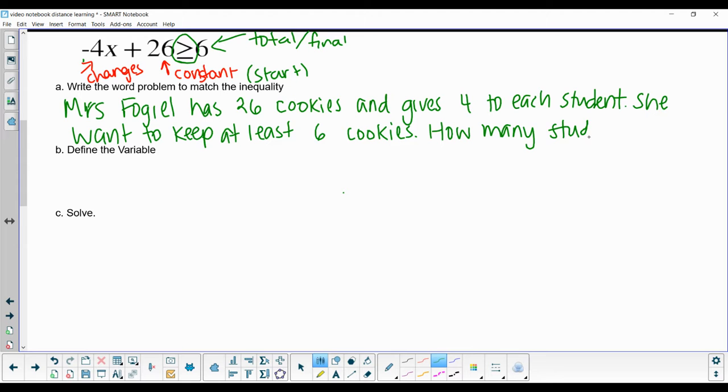How many students does she give cookies to? We want to make sure we define our variable. Was x the number of cookies or the number of people? If I go back and read this, I see each student. So x is the number of students.